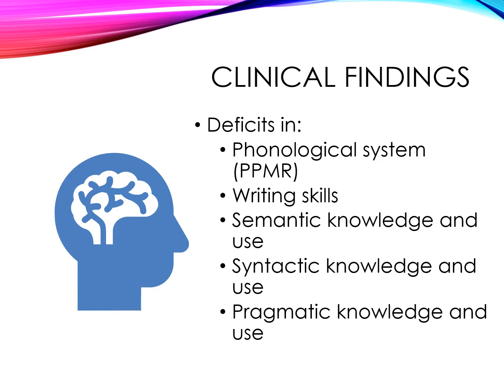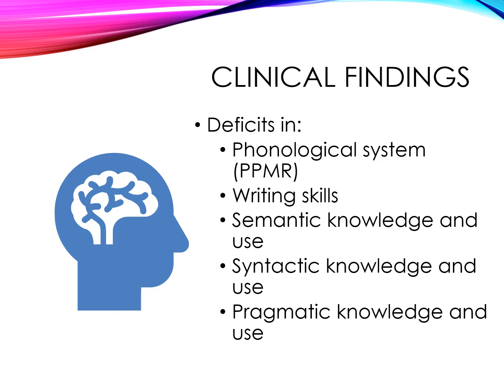What do we see in kids who have learning disabilities? We see deficits in all of these areas. First is the phonological system. The PPMR there stands for 4 parts of the phonological system. The first is processing. The second is production. The third is memory.